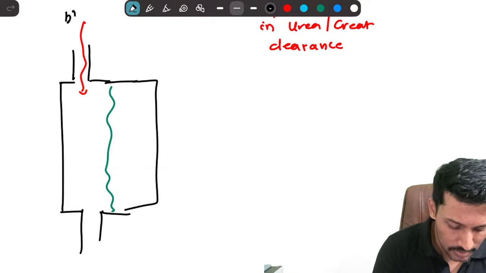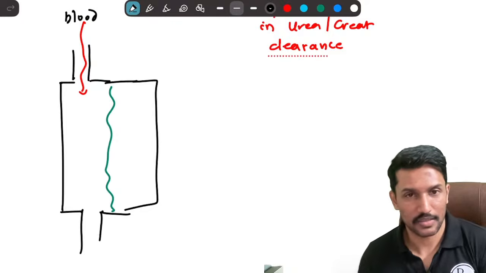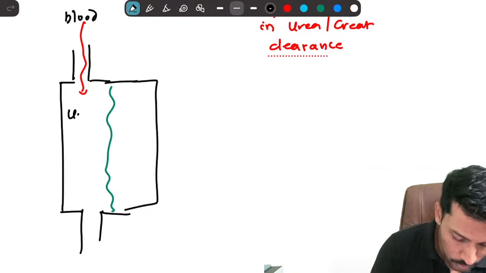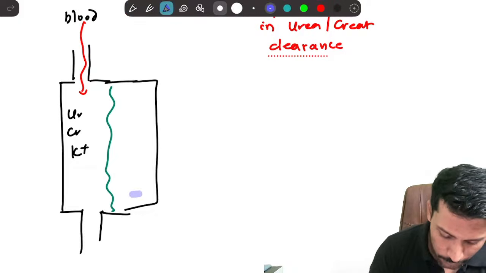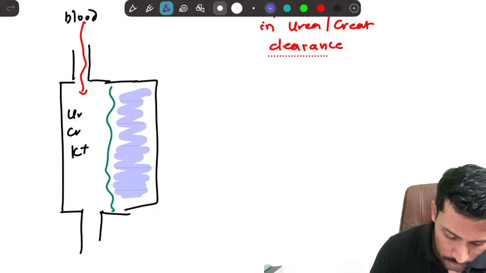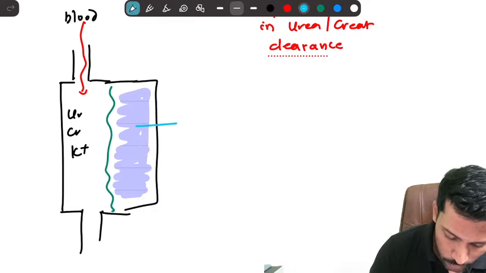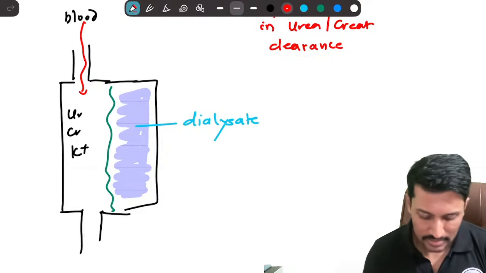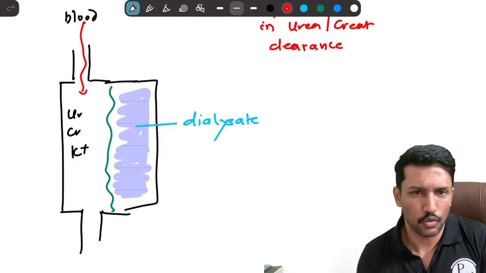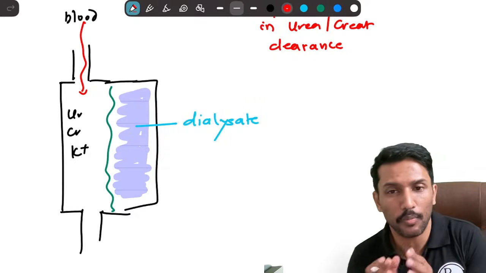So blood enters the dialyzer machine. Now this blood has high amount of urea, creatinine, potassium, and there is a membrane. On the other side of the membrane, there is a fluid which is called as the dialyzer fluid or dialysate. We will call this fluid as dialysate. Now this dialysate fluid generally contains no urea or creatinine, and it contains a very low amount of potassium.